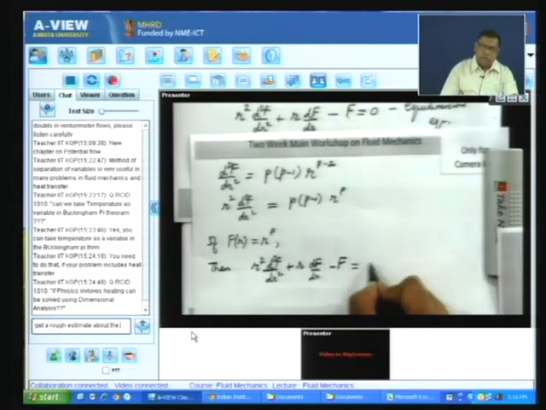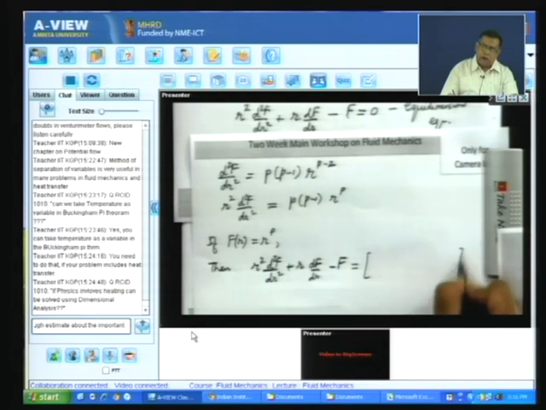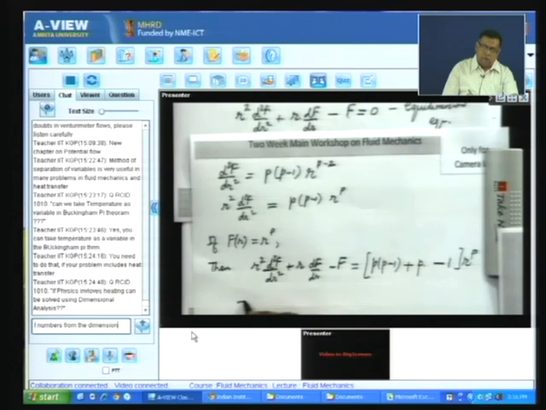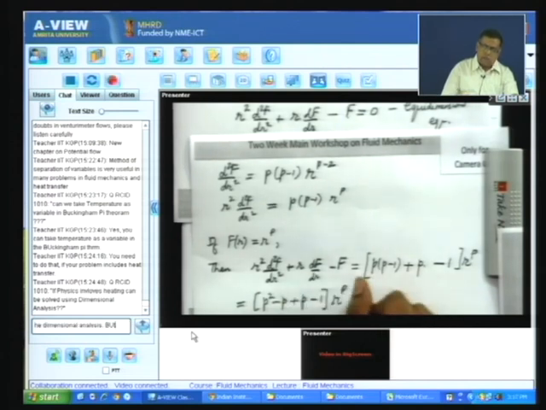You can factor out r to the power p, because it is occurring in each of the 3 terms. Here you get p into p minus 1, here you are going to get p, and there is a minus 1 coming from here. So, it is p squared minus p plus p minus 1 into r to the power p. This is p squared minus 1 into r to the power p.